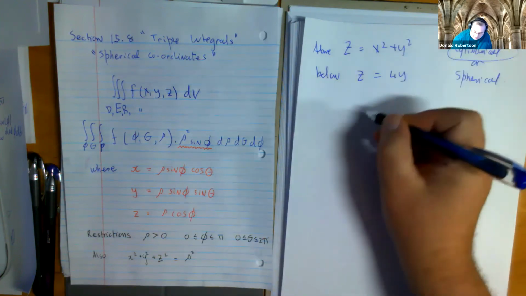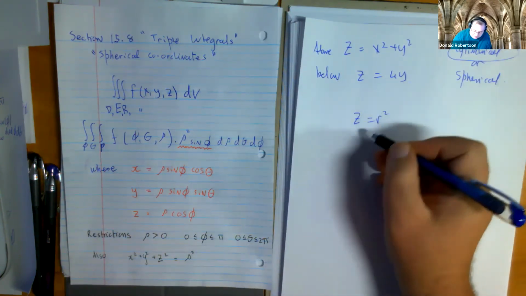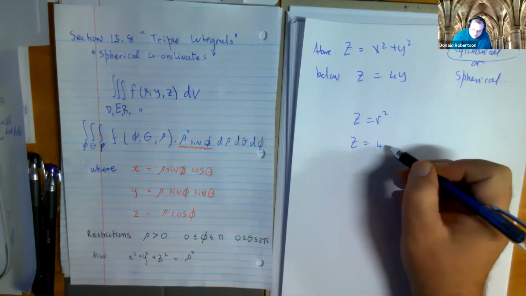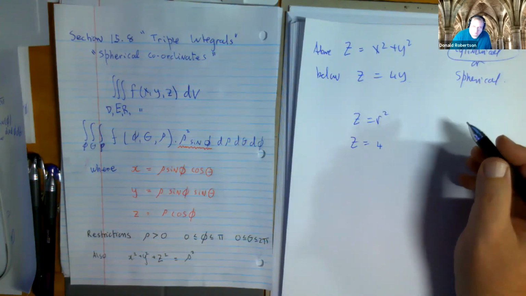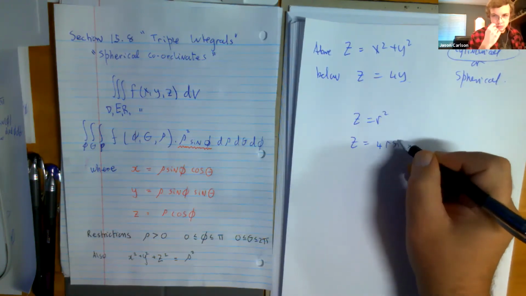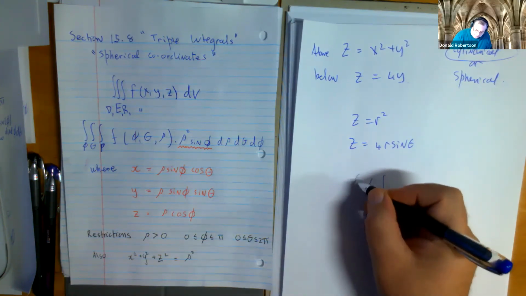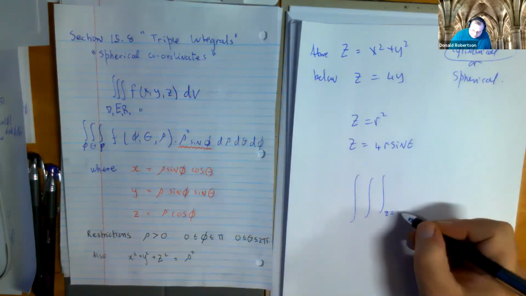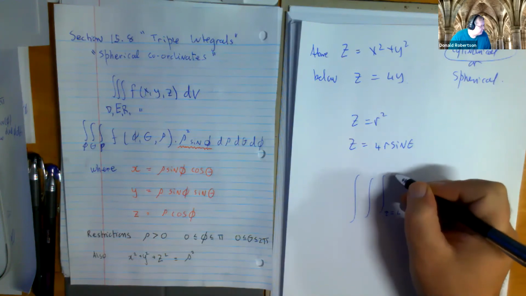Well, wouldn't this guy be z equals r squared? And wouldn't this guy be z equals 4y? And what does y look like in cylindrical? R sine theta. So your triple integral, if you do this particular guy, is a, well, which one of them is the biggest?